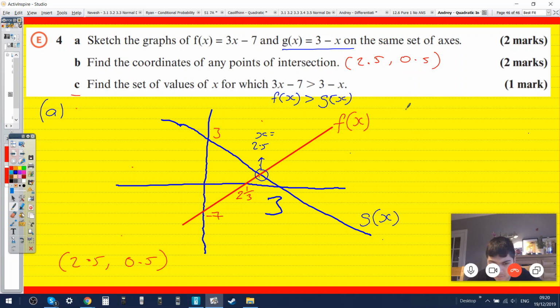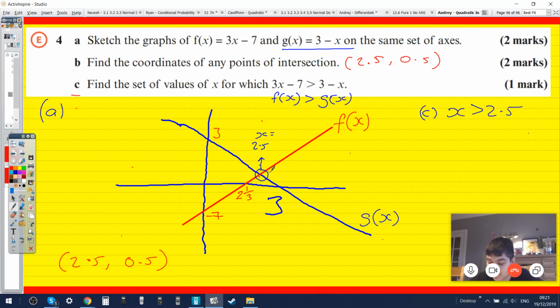Okay. So I got, oh, x is greater than 2.5. That's it. So this is where they're equal to each other.